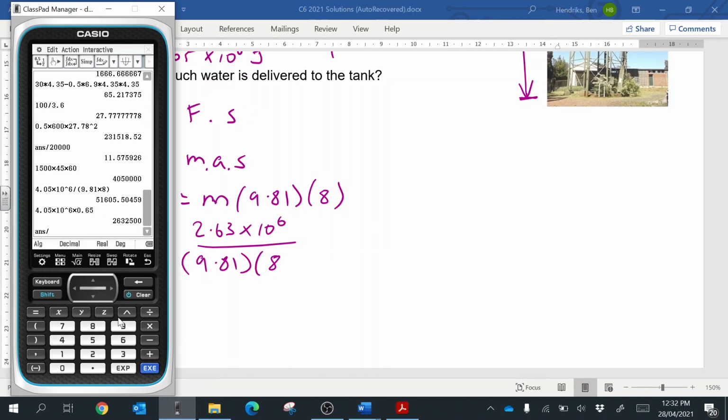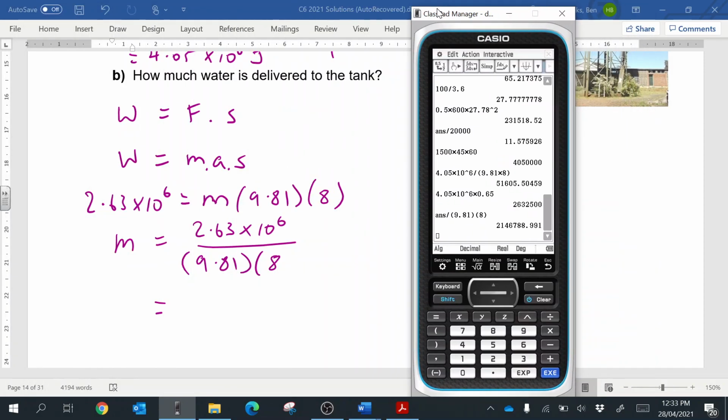So let's just put that straight into the calculator. 9.81 times by 8, and it's going to be equal to 2. How many numbers are after the 2? 1, 2, 3, 4, 5, 6. Oh, it's a lot of water.